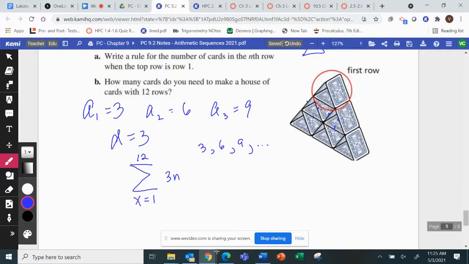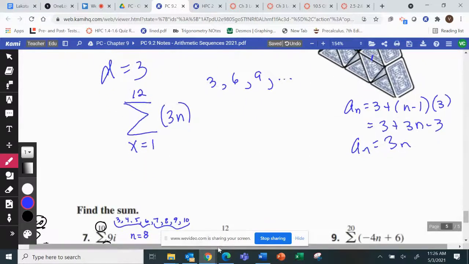So we could do a sub n equals 3 plus n minus 1 times 3. 3 plus 3n minus 3. So I get 3n as my a sub n. So just 3n. So we know that our a sub 1 is 3. Our a sub 12, we're going to have to figure out. So we'll do 3 times 12, which is 36.